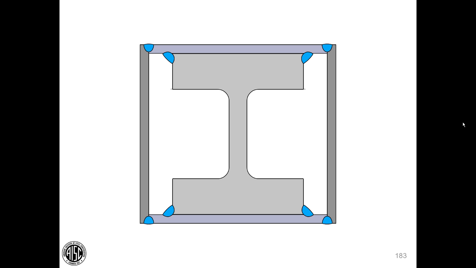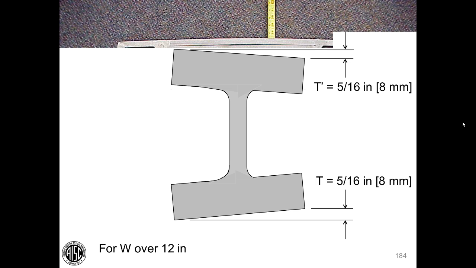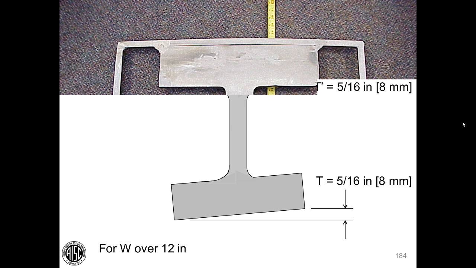Now remember, the total of T and T prime could be 5/16 of an inch. And when you're going to box in one of these wide flange shapes, when you add to it distortion from welding, you're going to get a square that's no longer a square.